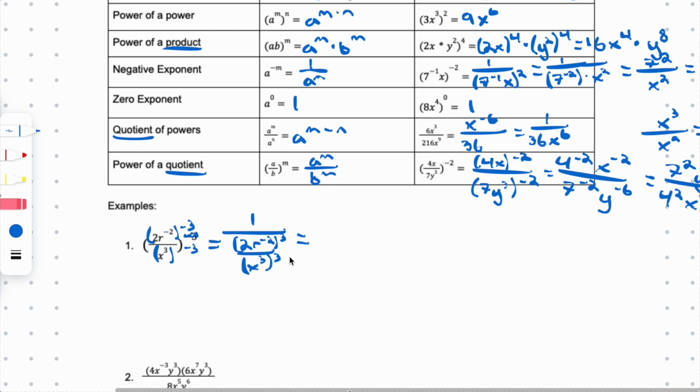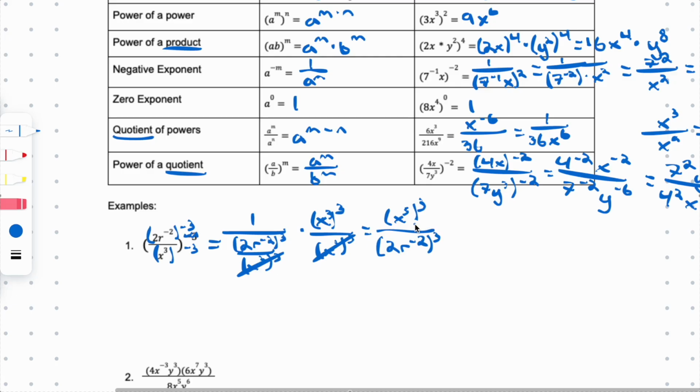What we can do is multiply the numerator and the denominator by x to the third to the third. And this just gives us x to the third on the top over 2r to the negative second to the third on the denominator, because these two cancel out.